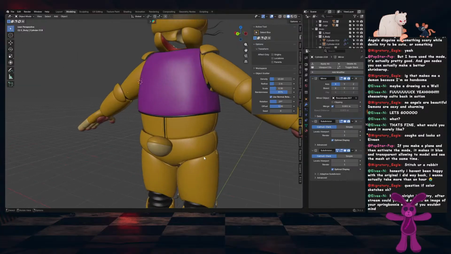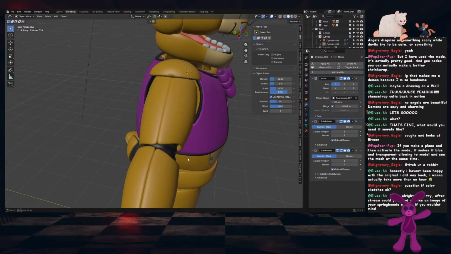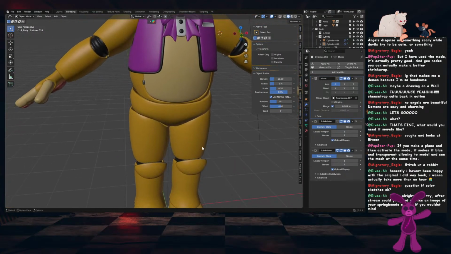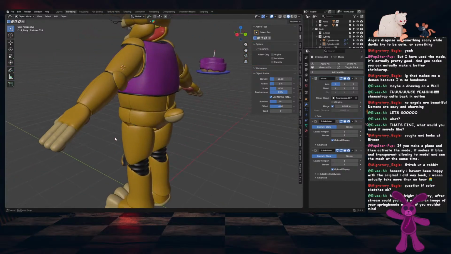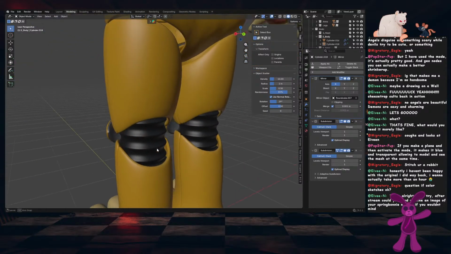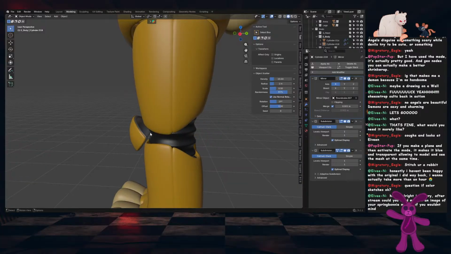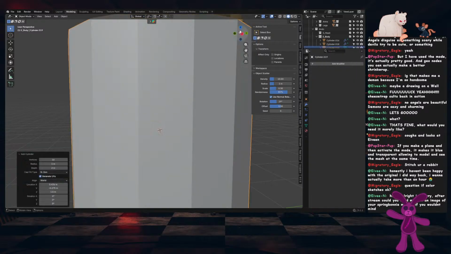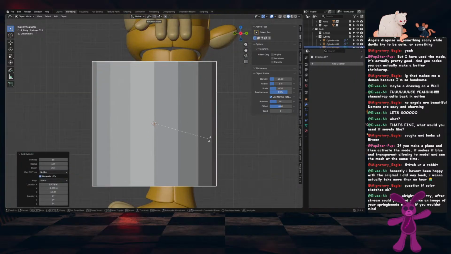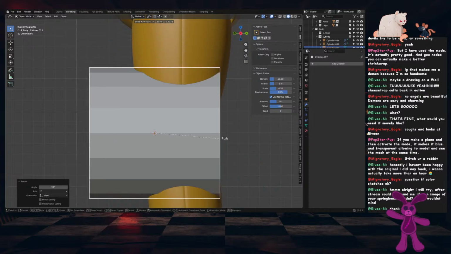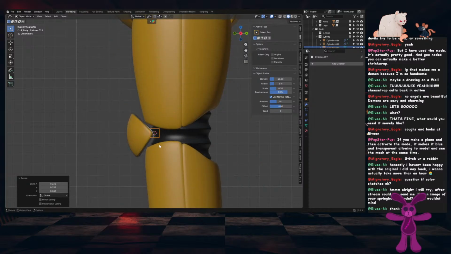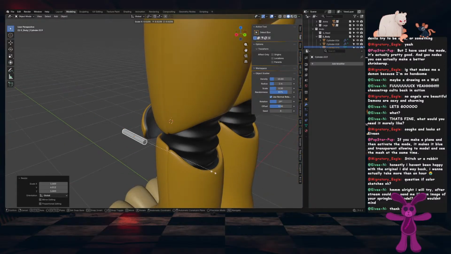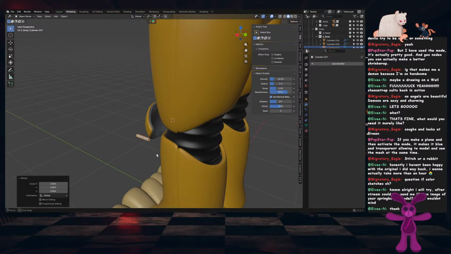Okay, so how am I going to attach these? Because I did not leave a whole lot of space for that. Maybe what I'll do is I will just add a cylinder.